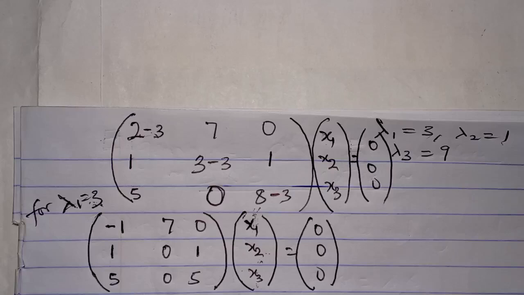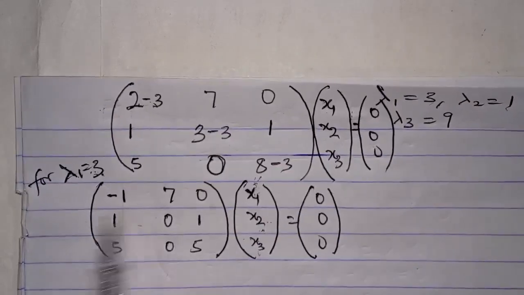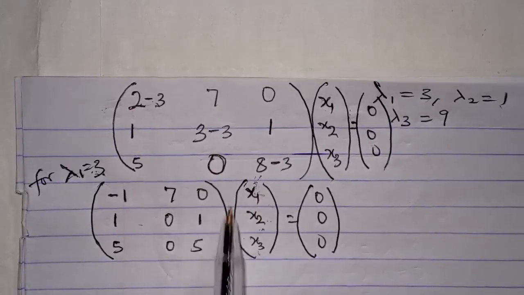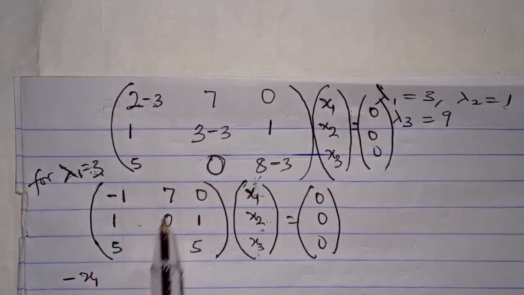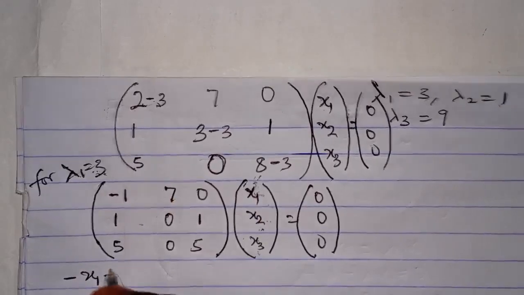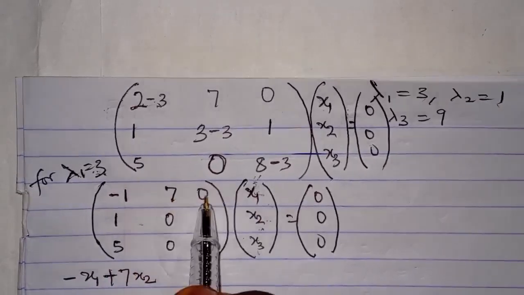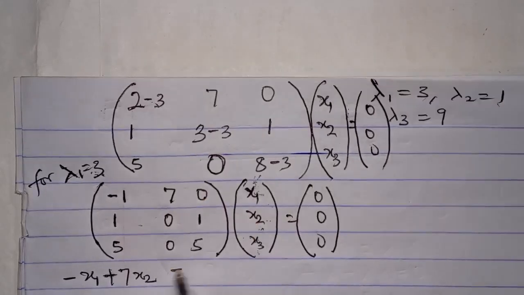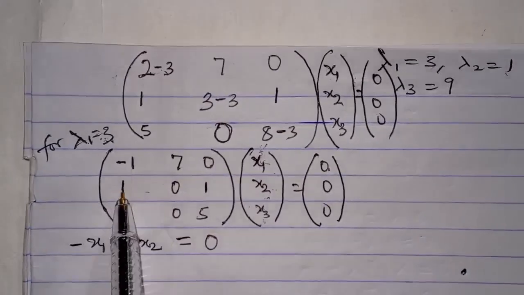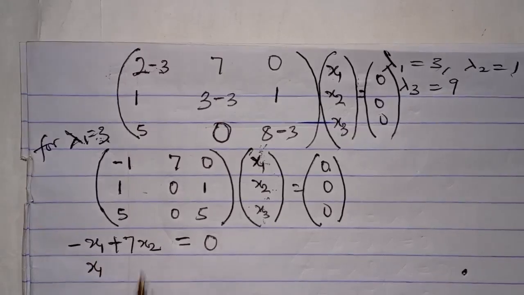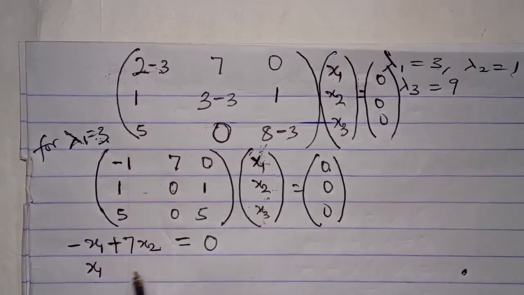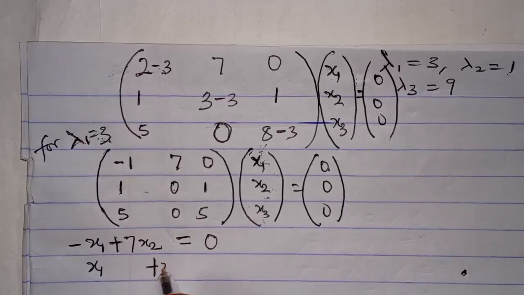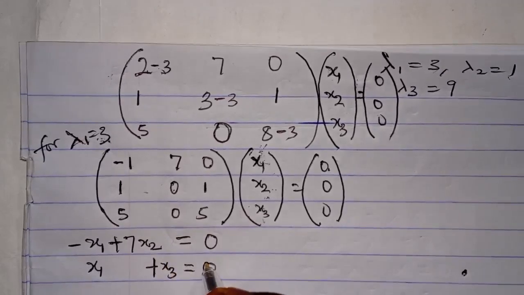Let's get it. If I expand this by multiplying these two matrices together, I'll be having minus 1 times x1, that's minus x1, plus 7 times x2, that's 7x2, 0 times x3 is 0, that's out, and it is equal to what? 0. 1 times x1 is x1. 0 times x2 is 0. 1 times x3 is x3, so I'm having plus x3 equal to 0.